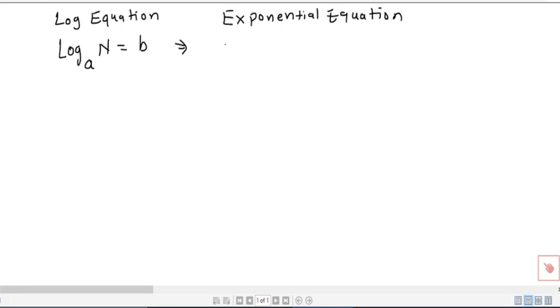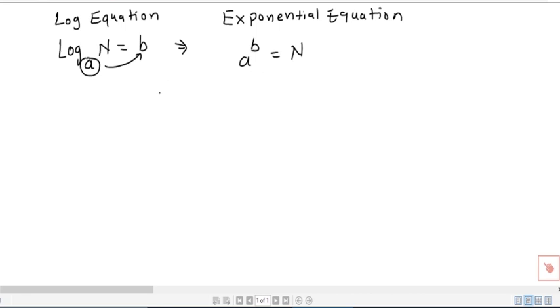The exponential equation is very simple. You know that base a to the power b is equal to the number n. This is the translated equation in exponential form and this is the logarithm equation. So both things are the same, we will use them interchangeably.